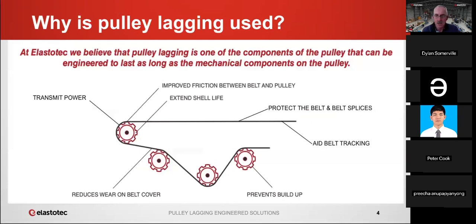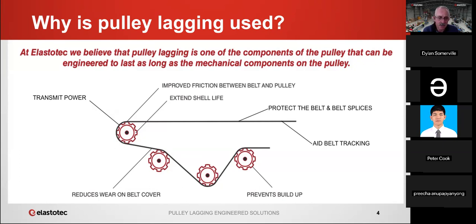Okay. So Dylan's covered a number of them. So wear and grip, or transmit power. Grip is improved friction between the belt and the pulley lagging. Protect the shell, which Dylan mentioned. An important function of lagging as well is to actually protect the conveyor belt and the belt splices.